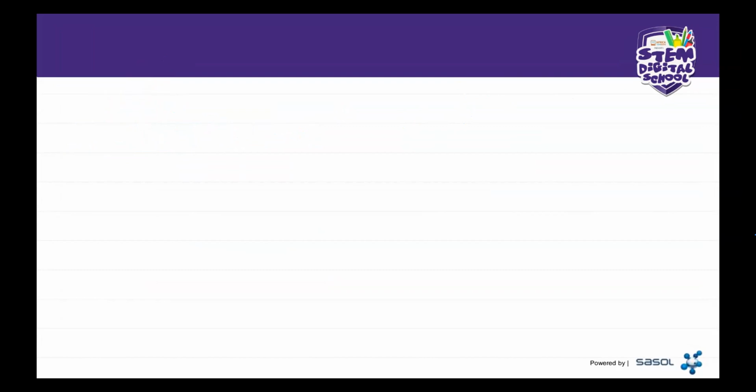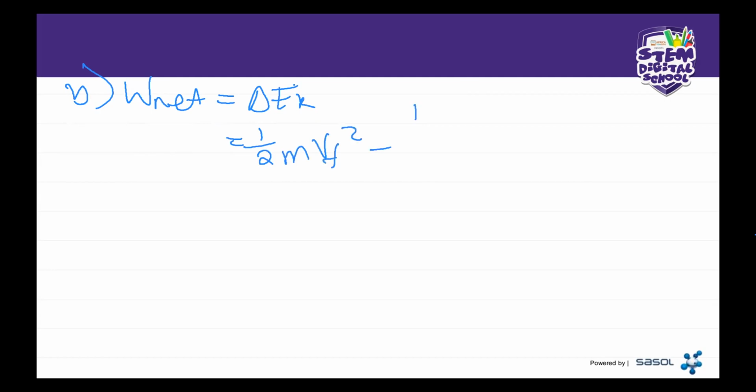So now for number B, our net work is going to be equal to the change in EK once again, because we're working with kinetic energy. We've got velocities, so this is half mv final squared minus half mv initial squared.